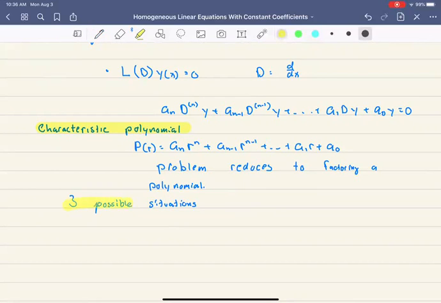So we have three possible situations. One, everything's good: we've got all real distinct roots.